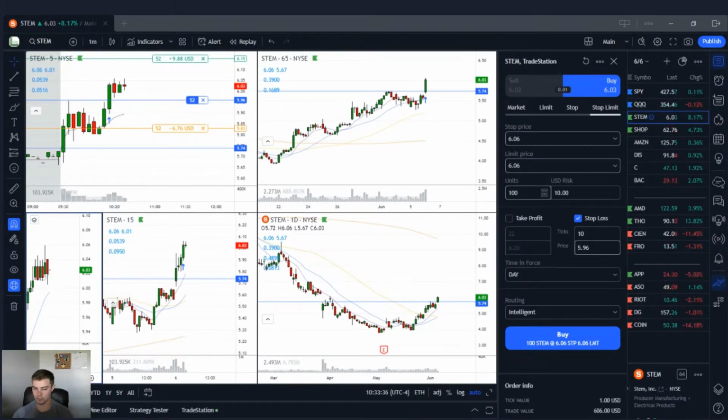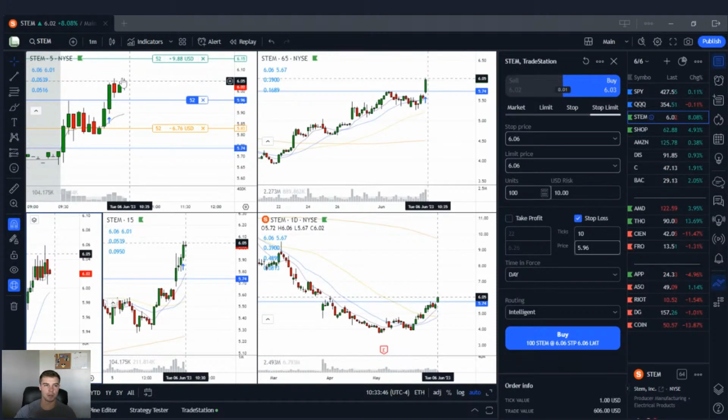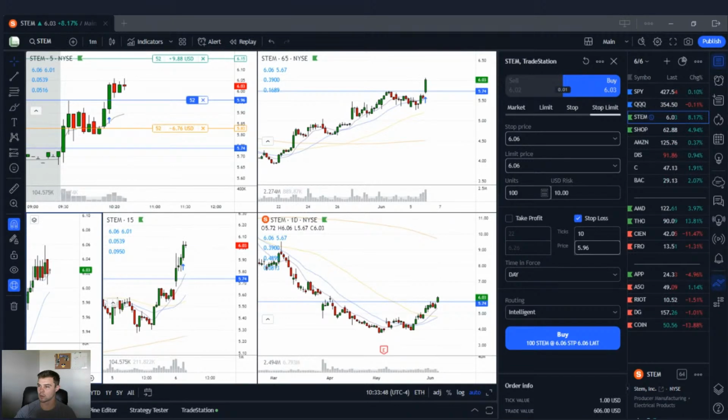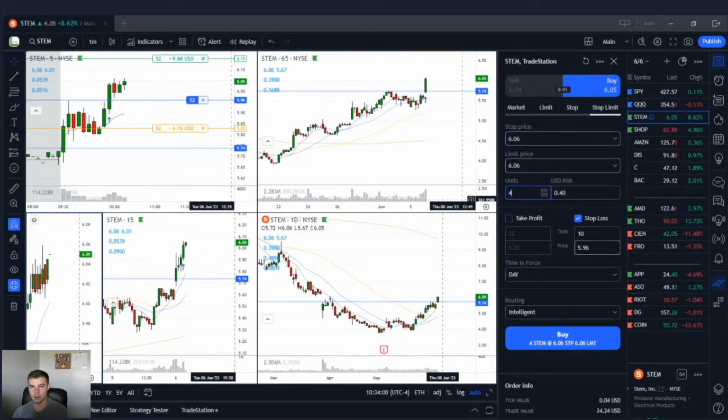Stop loss now 5.96. Yeah, I would add 48 shares. Target would be 6.15 still. So I'd be making a 1.4R on that. Risk would be 0.47. Guys, I'm going to add this.